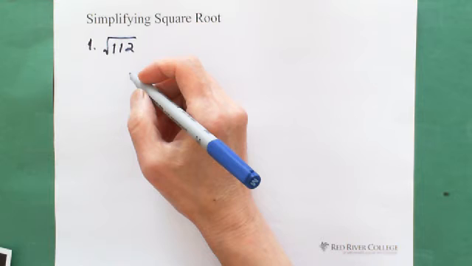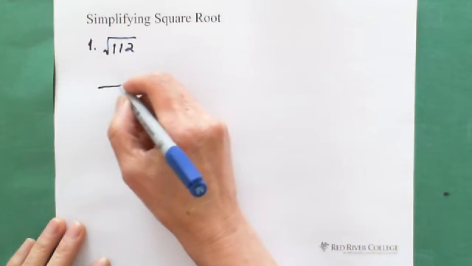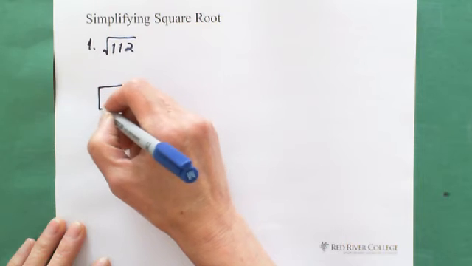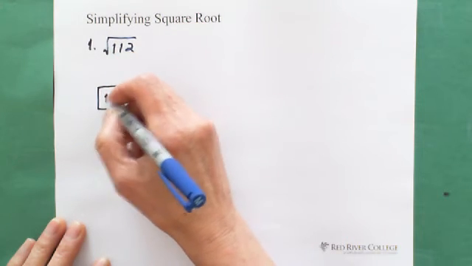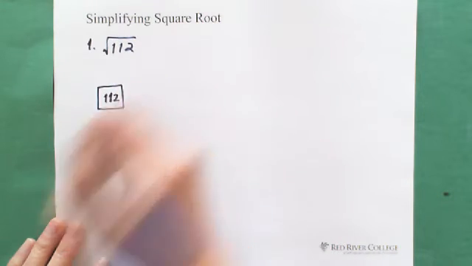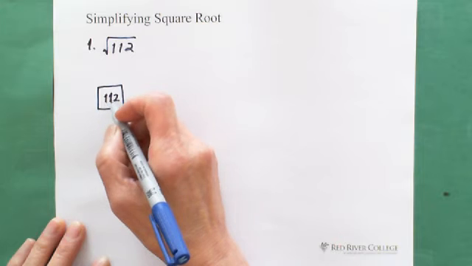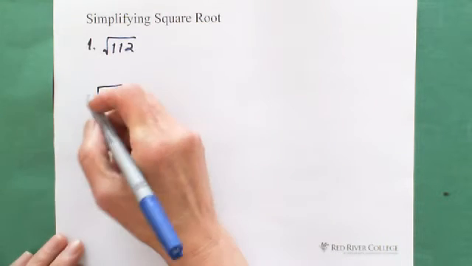The reason is that the number inside the square root, 112, is talking about the area of a square. For example, you have a square piece and you're given the area is 112 square centimeters, and you're looking for the side.